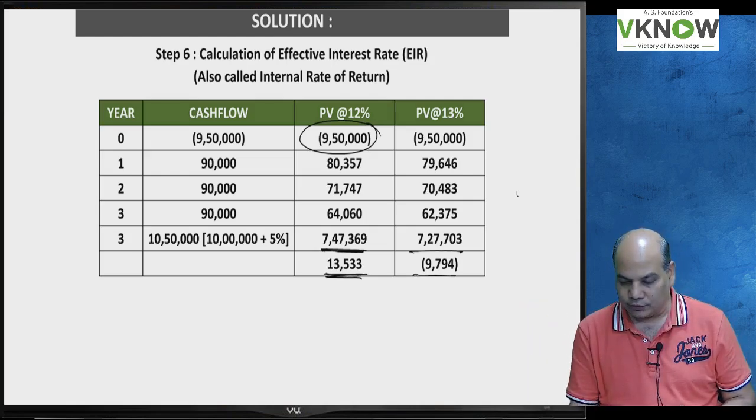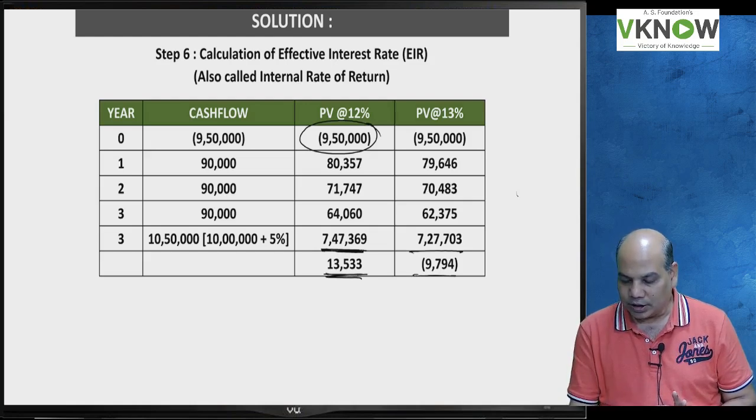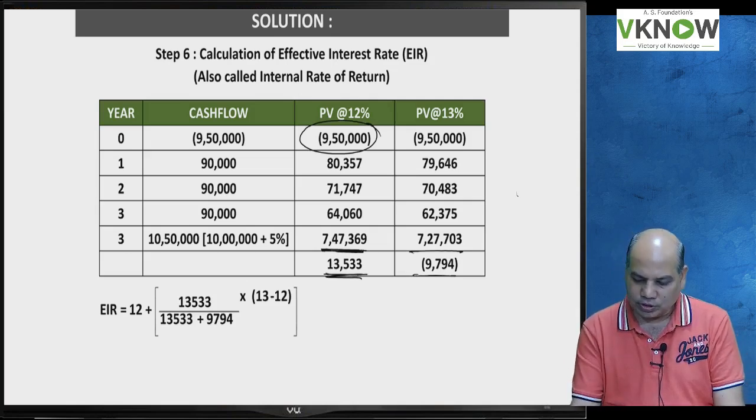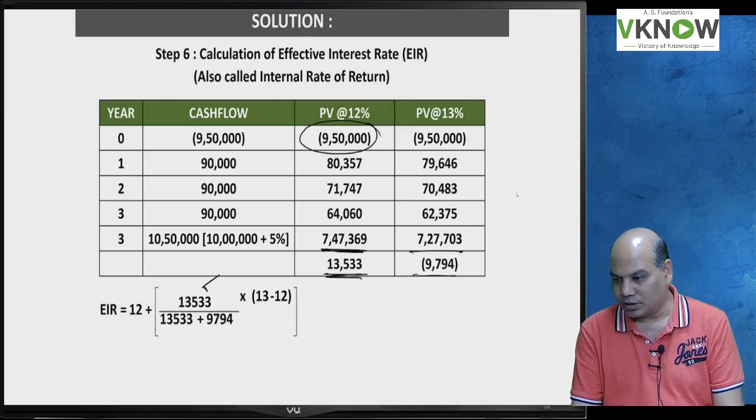9793 or 9794. One is positive, one is negative, which means we have an answer between 12 and 13. I need to get an NPV of 0. Now we'll apply the interpolation formula. EIR is equal to our lower discount rate, 12, plus NPV at lower discount rate, 13,533.